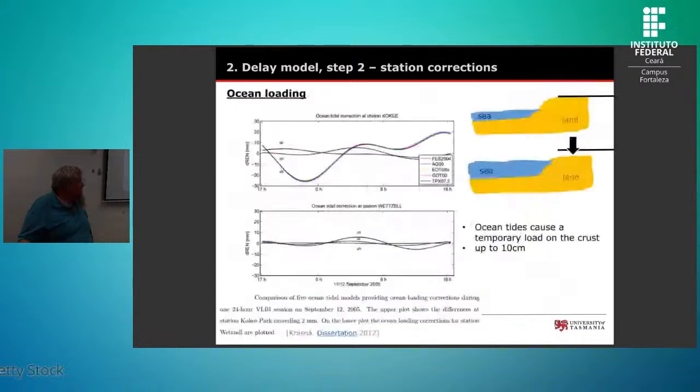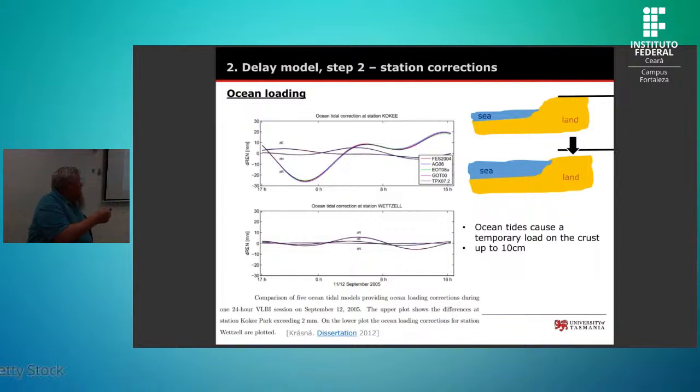Now, one of the effects you have is ocean loading. In ocean loading, if you have a bunch of water, it's going to cause the land to go down. And so you see that loading correction there. Ocean loading is larger at stations which are either island stations or near the shore.